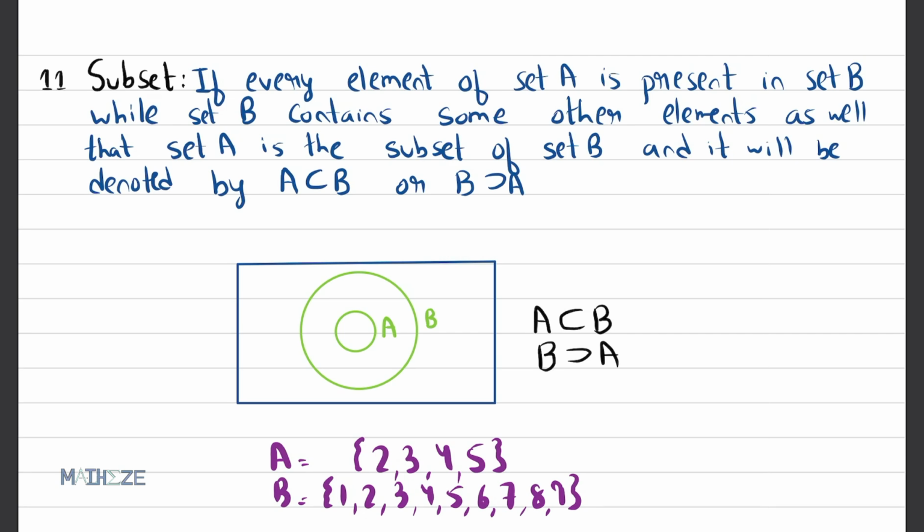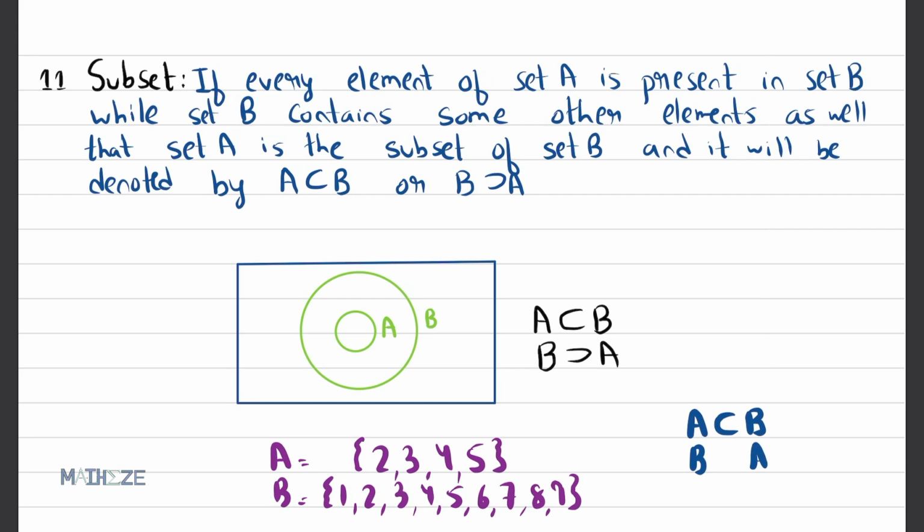Now see this question. Here you can clearly see that set A has elements 2, 3, 4, 5 and set B has elements 1 till 9. If you notice, all the elements of set A are present in set B, which clearly means that A is the subset of B. Let's suppose B is written here and A is written here.